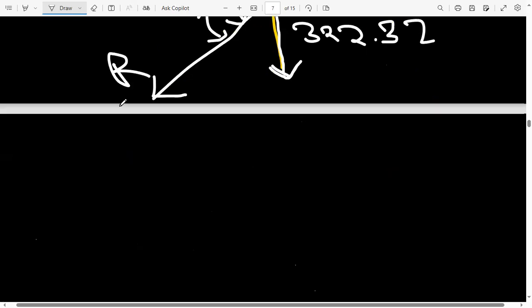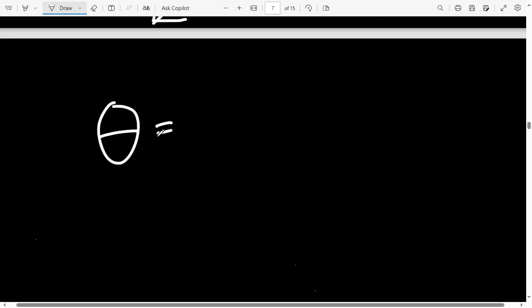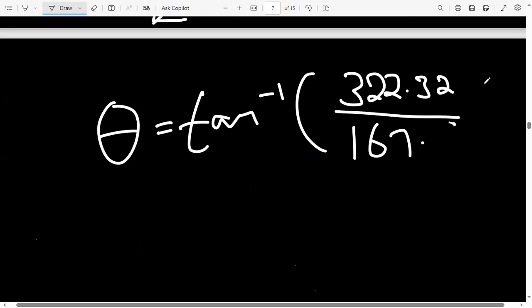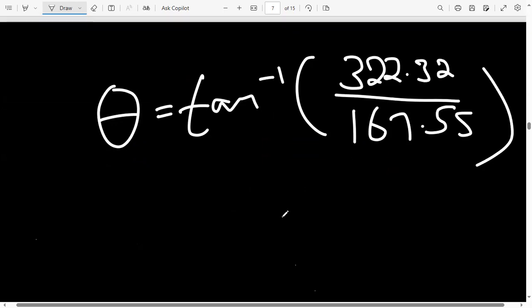So theta is equal to tan inverse of the y component, which was 322.32, divided by the x component, which is 167.55. So what do you get when you punch this on your calculator?